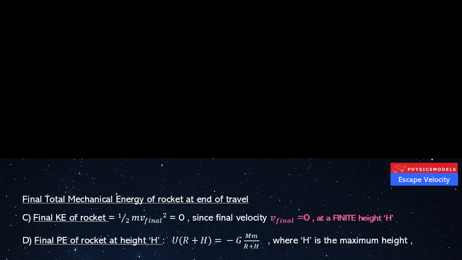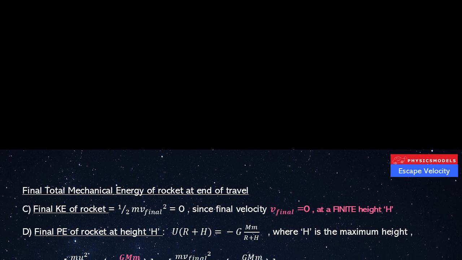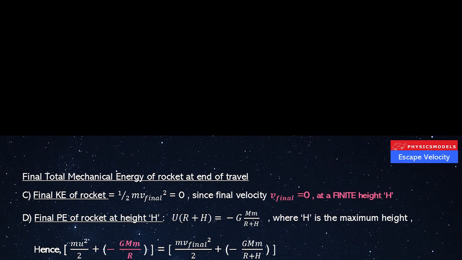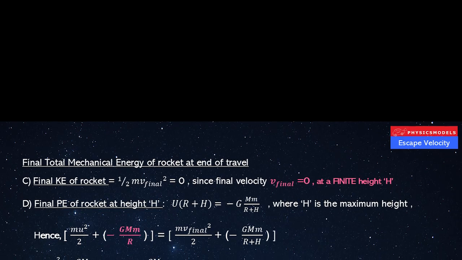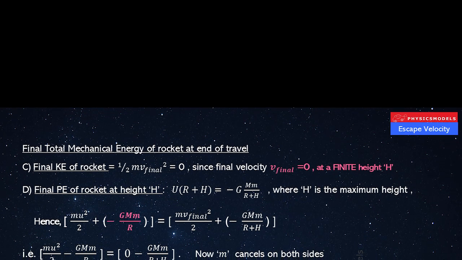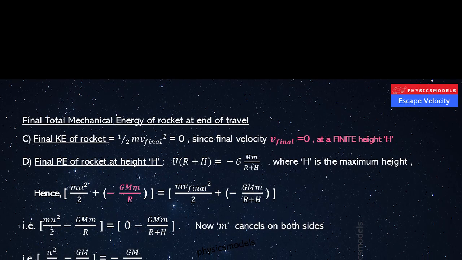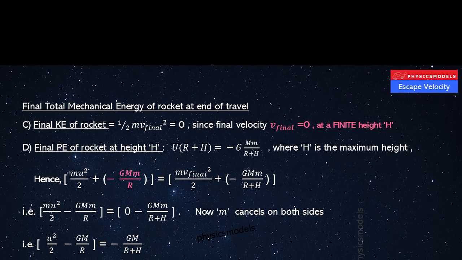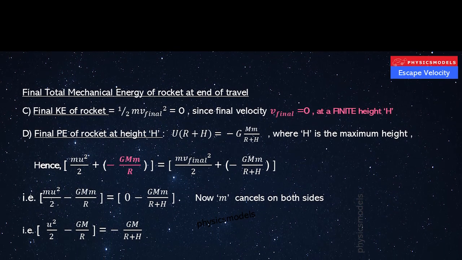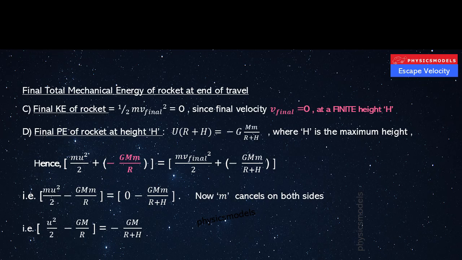That's minus GMm by r plus h. Plugging all this into the energy equation and cancelling out the m term in all that, we will land up with u squared by 2 minus GM by r equal to minus GM by r plus h.